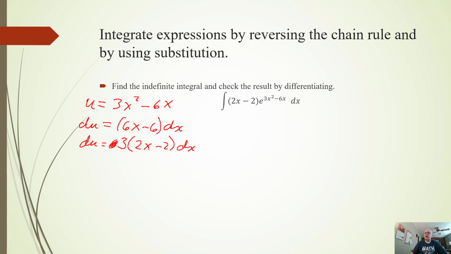So what we can do over here is we need this 3, so we can use du. Since we need it to look like this, to put that 3 there and not change the value, that's our adjustment factor.